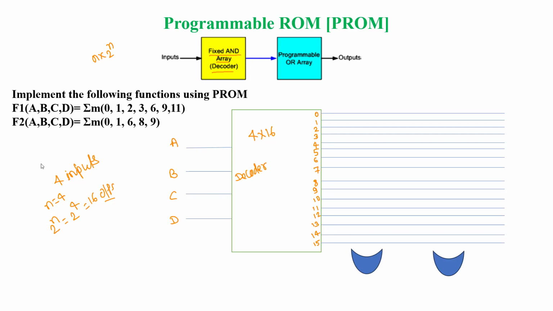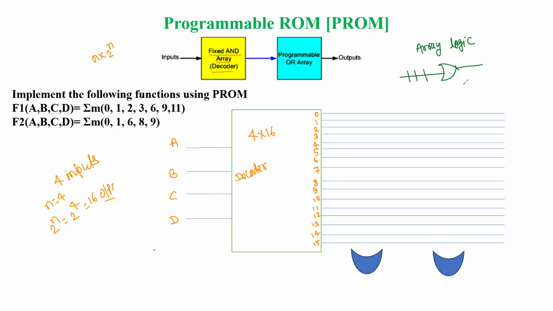After that, we are going to use the concept of array logic. When we give the connections with the help of array logic, suppose for example we are using an OR gate. A single input line is given to the OR gate, and whatever inputs are there will be connected here with the help of a cross sign.